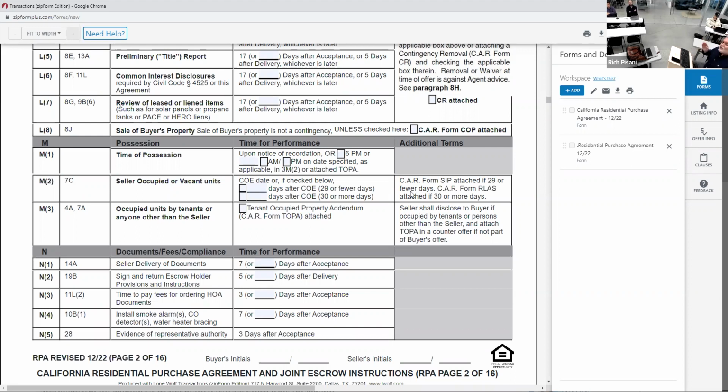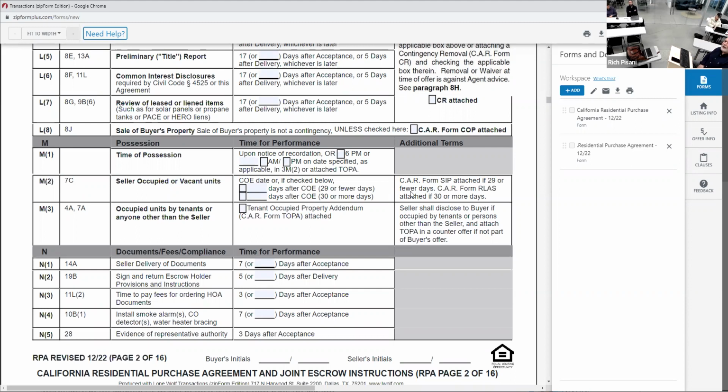If it is 30 days or more, it's an RLAS, residential lease after sale. Why is that? Because 30 days triggers a lease. And most lenders don't want the seller to rent back more than 29 days, really.